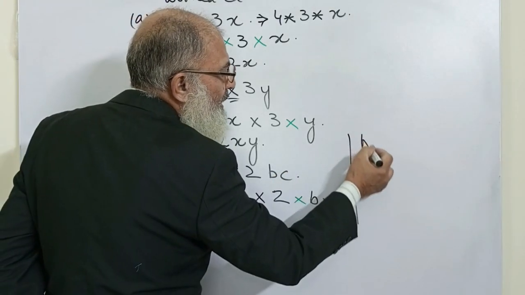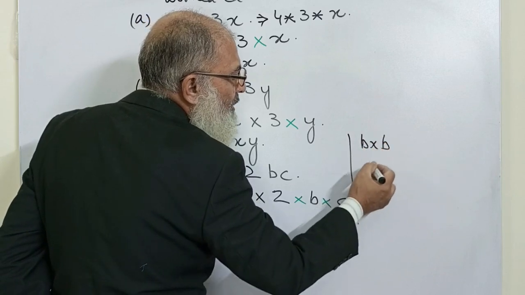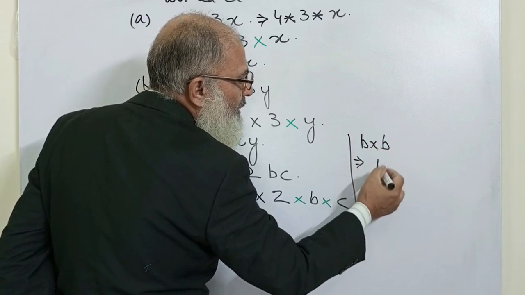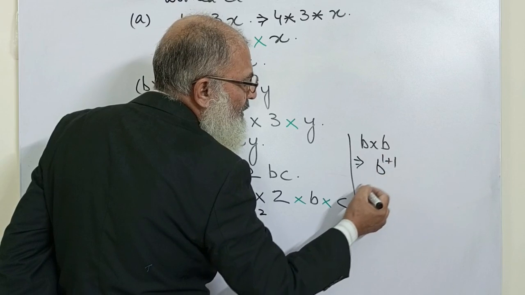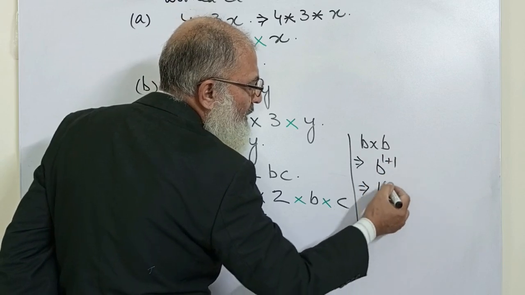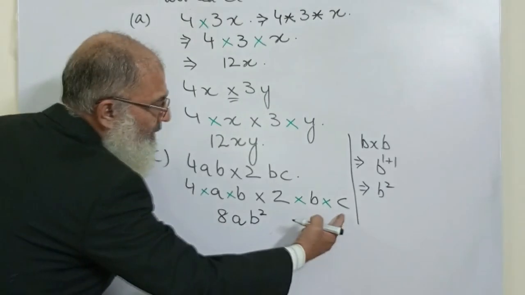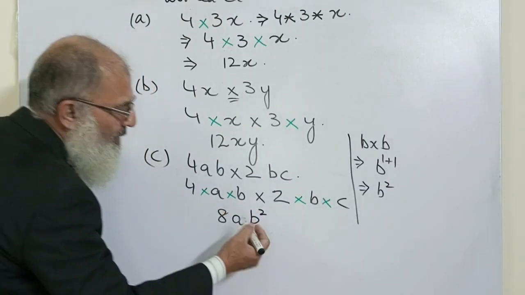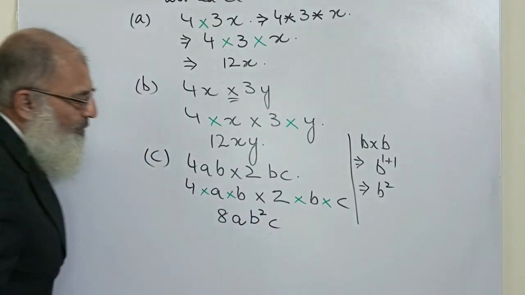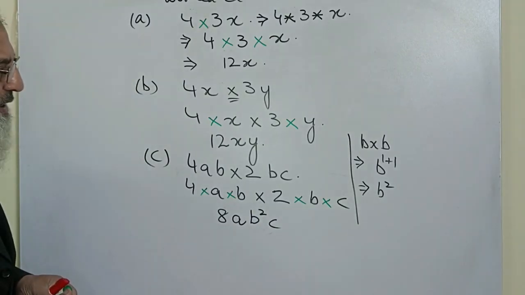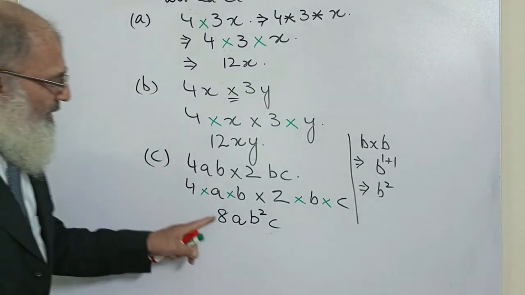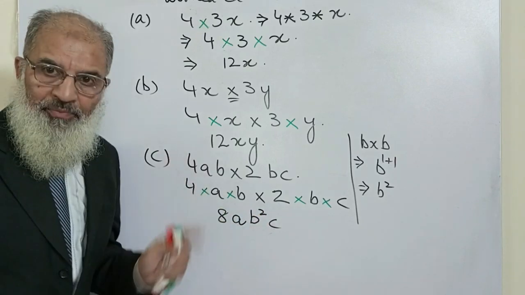Now B, 1 plus 1, it will come B square. And C is here but not here. So it will become 8A square B square, 8A B square C.